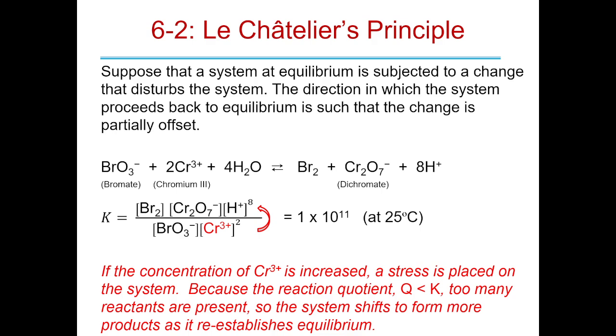Okay, so suppose that a system at equilibrium is subjected to a change that disturbs the system. The direction in which the system proceeds back to equilibrium is such that the change will be partially offset. An easier way of thinking about this is like having a bottle of water on its side. When you move it one direction, the water all shifts to fill in the side it's moved towards.